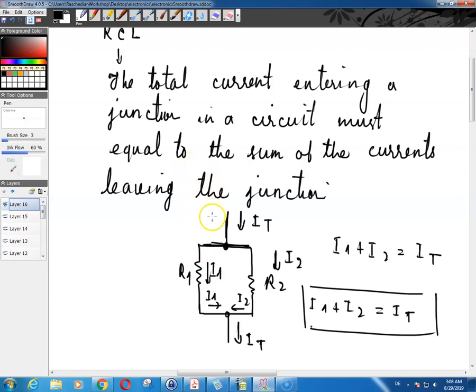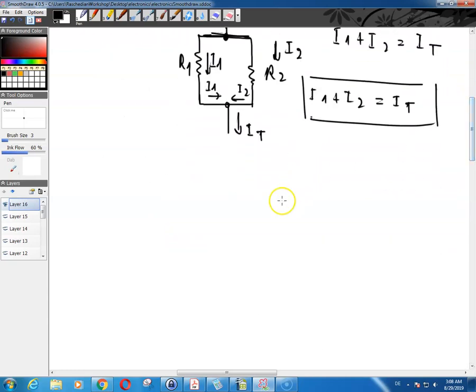There is also Kirchhoff's voltage law, which is something similar. It says that the algebraic sum of all the voltages entering and leaving a node in a circuit is zero.